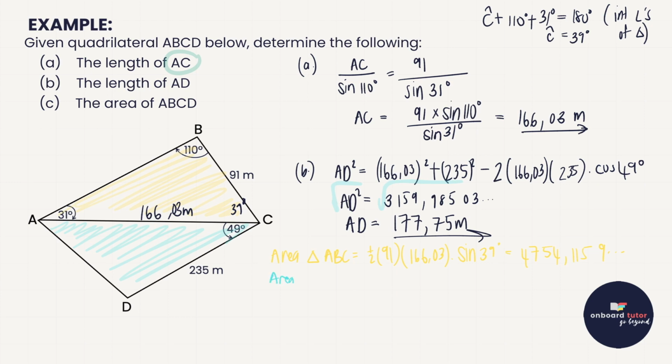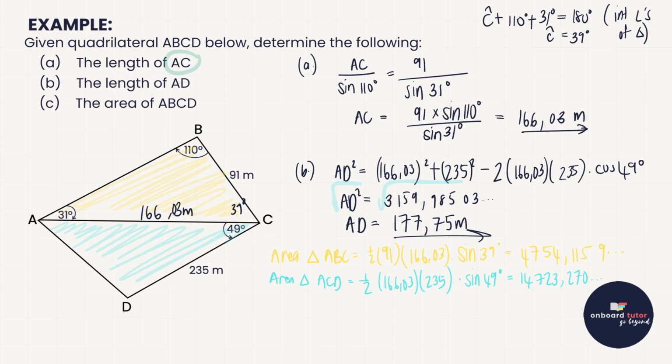Now we want the area of the blue triangle. So area of triangle ACD, and it's a half. We just want 2 sides and an included angle to help us work this out. So a half times 166,03 times 235 times by the sine of 49 this time. Punch that into the calculator. It gives us a huge answer there.